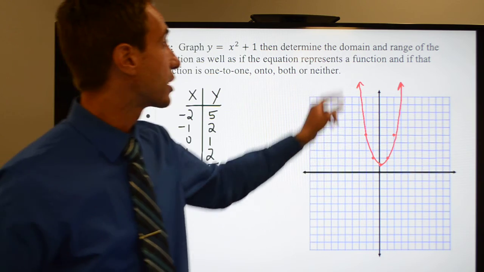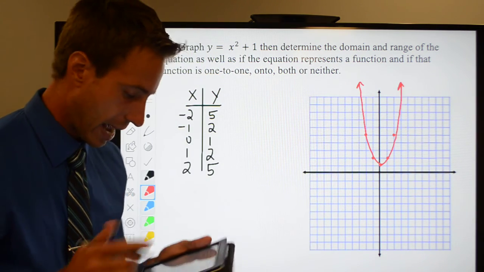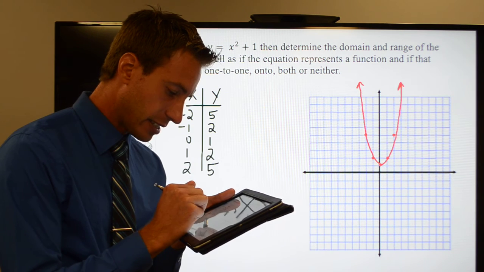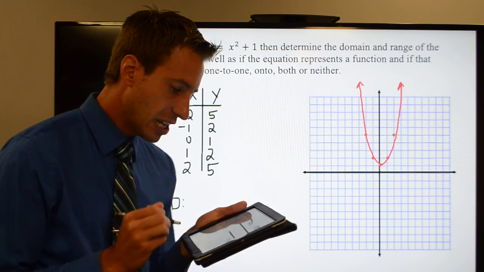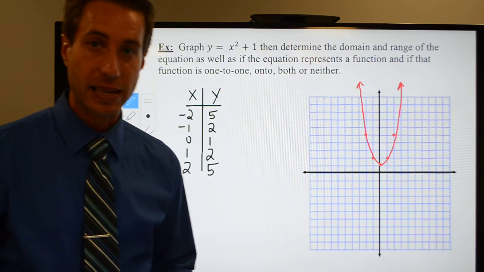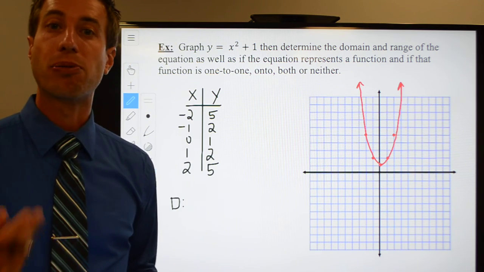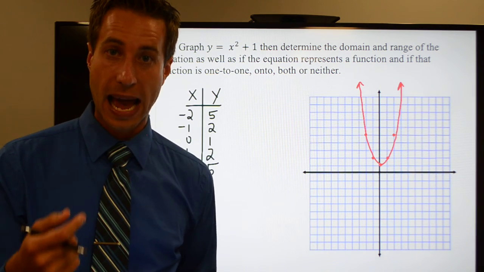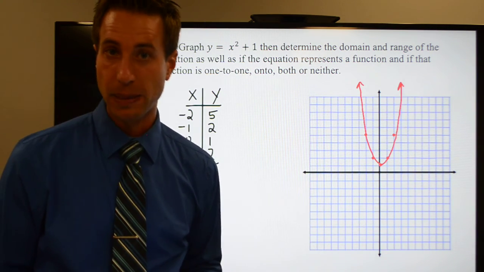All right, now the first thing I ask you for is figure out the domain and the range values. Well, let's go ahead and do that. It looks like what's going to happen here is because it is squared, anytime I plug in a negative number for x, you square a negative number, it will always be positive.